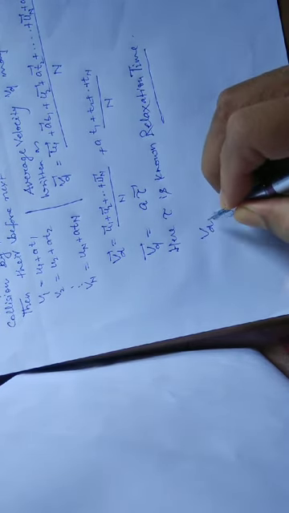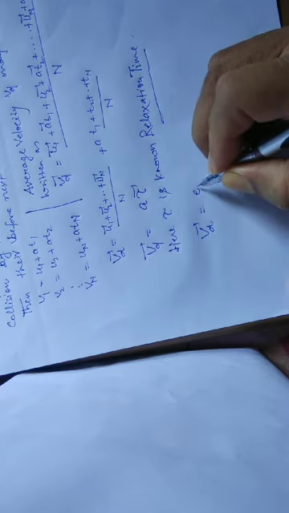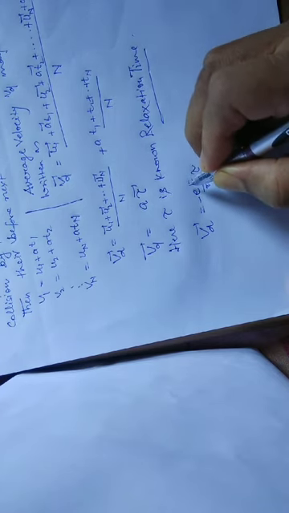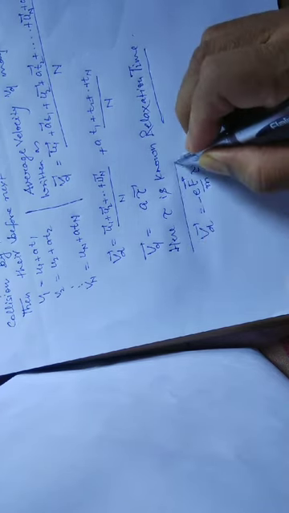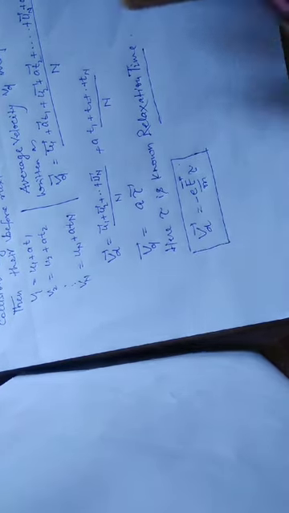Now, putting the value of acceleration, eE by m, into tau, this is an expression for drift velocity.